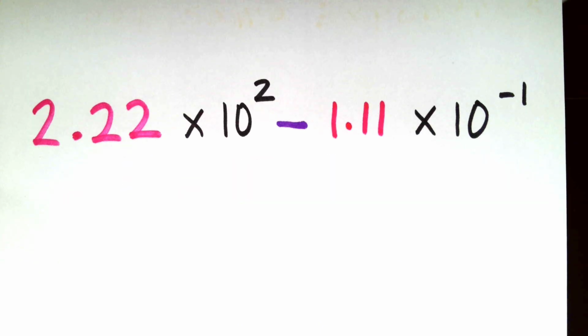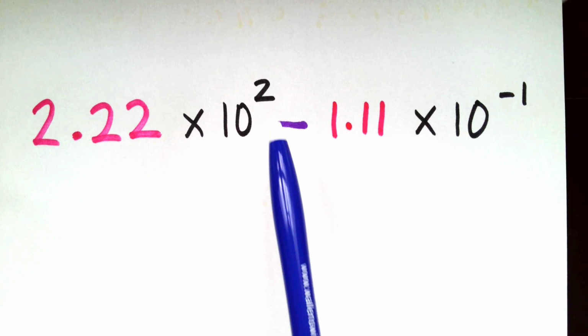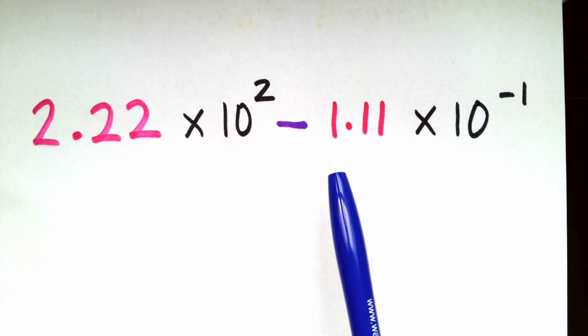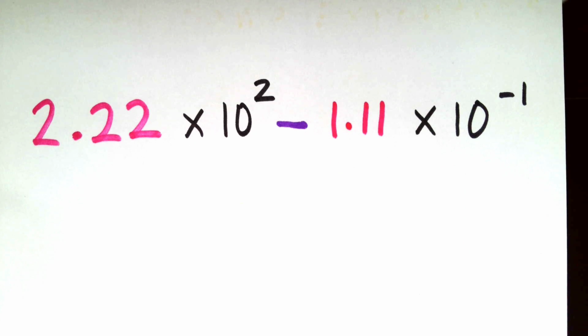In problem number two, we have 2.22 times 10 to the second power minus 1.11 times 10 to the negative 1 power. Stick around, I'm going to go over the answers in just a moment.